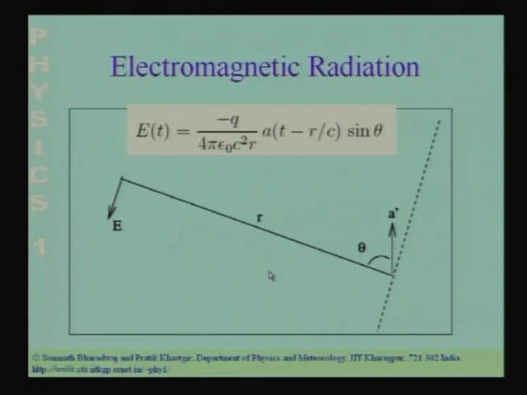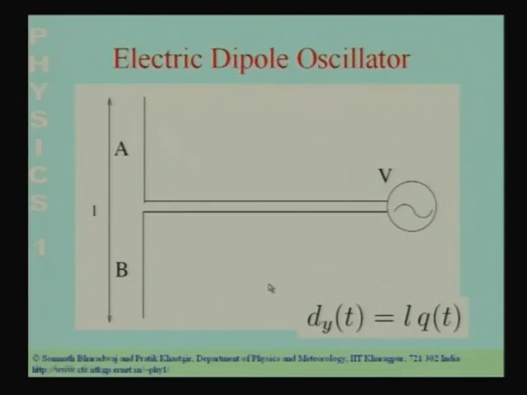The second thing, then we moved on to a particular situation where we can apply this, and we were discussing the electric dipole oscillator. This is a device of considerable technological importance. So, we have two metal wires A and B which are aligned like this, and these two metal wires are connected to a voltage generator which produces an oscillating voltage at these two ends of these wires.